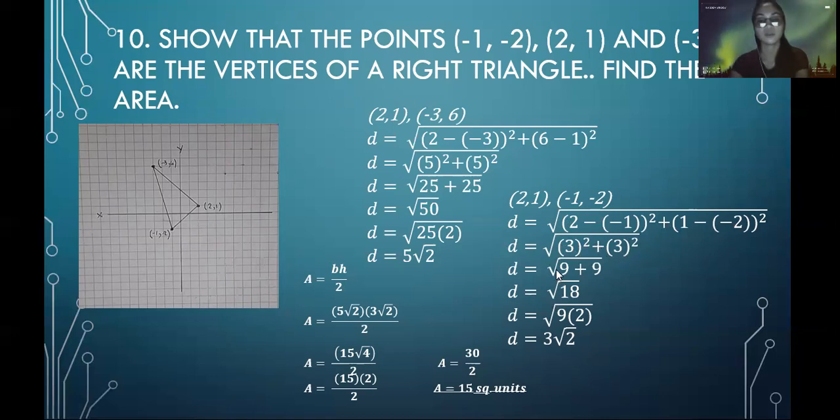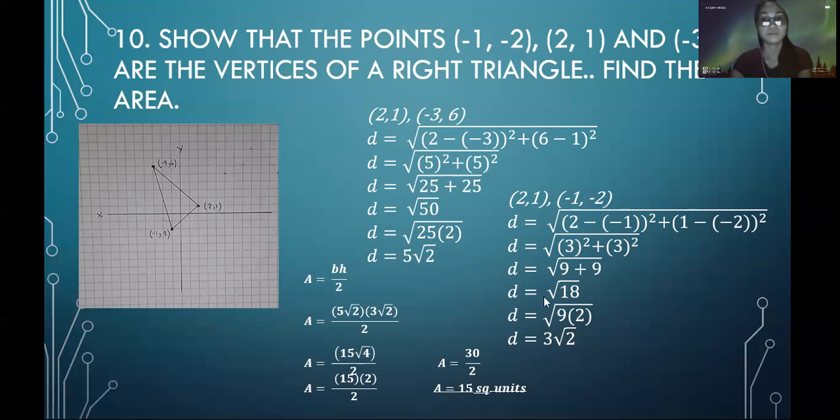So D is equal to the square root of the quantity 3 squared plus the quantity 3 squared. So D is equal to the square root of 9 plus 9, which is the square root of 18. Then factor the square root of 18: it will become the square root of 9 times 2. The square root of 9 is equal to 3. So the final answer is 3 square root of 2.